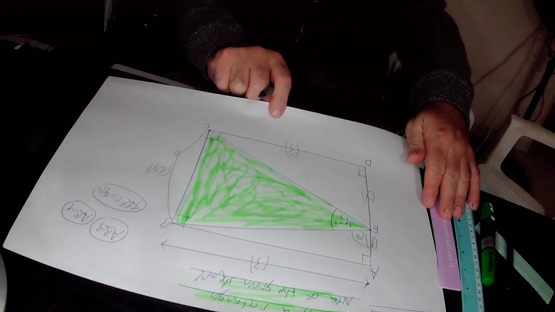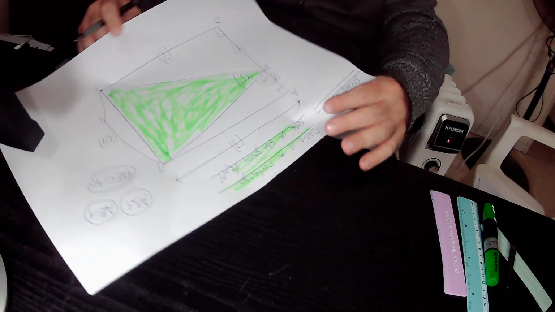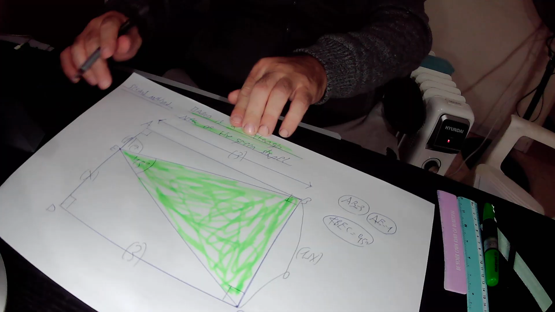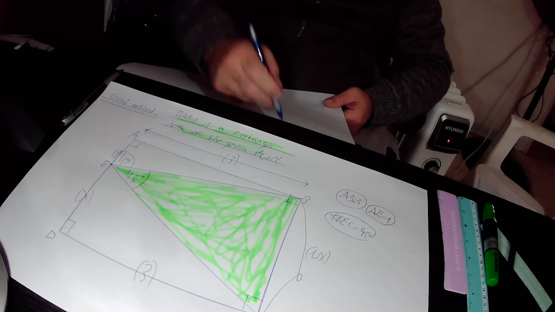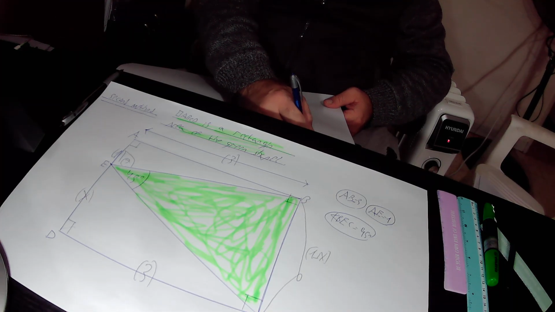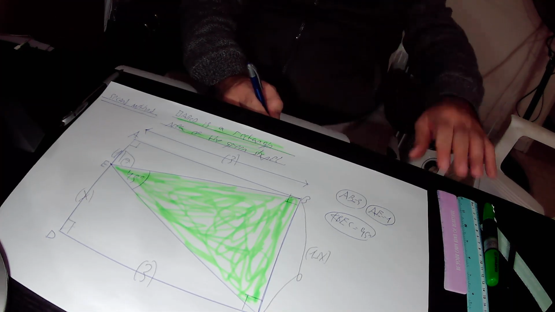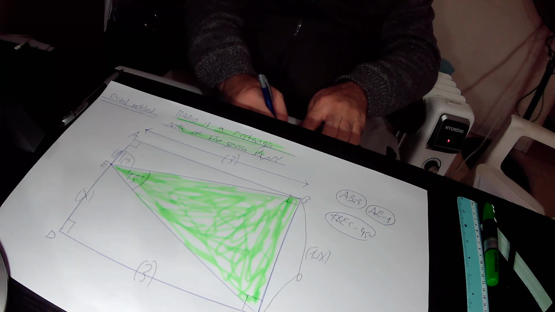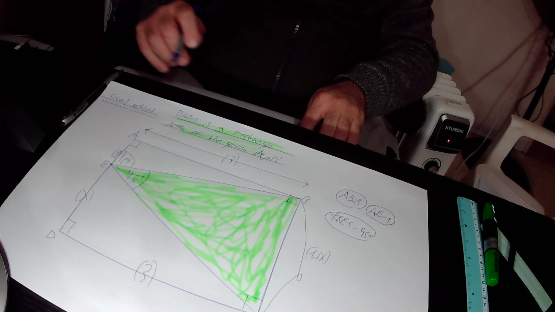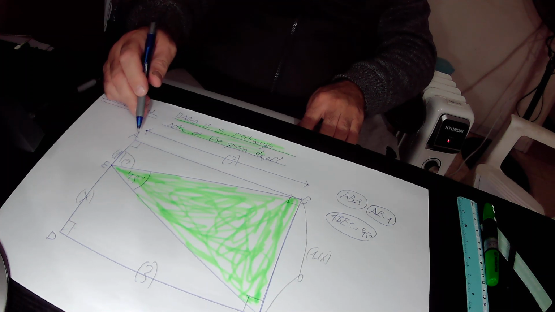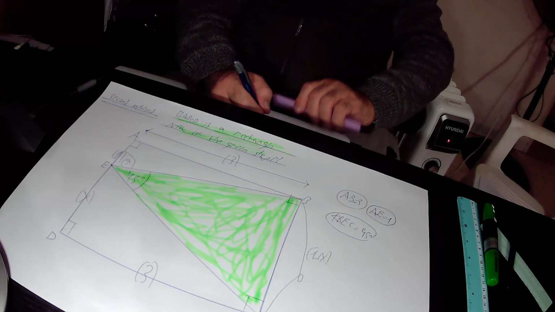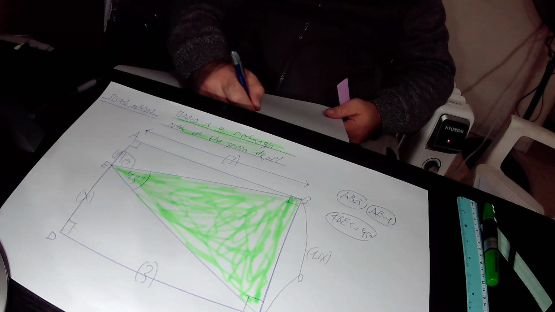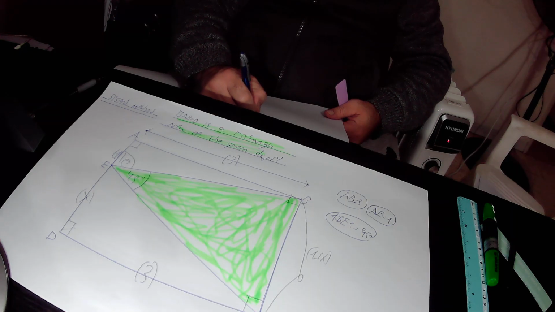So, in the right triangle AEB, tangent theta equals AB over AE.